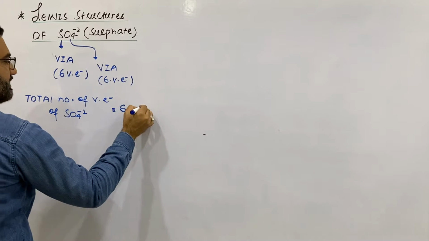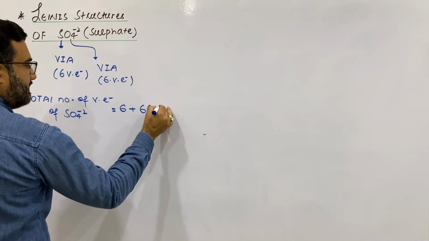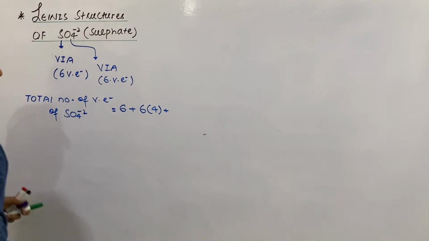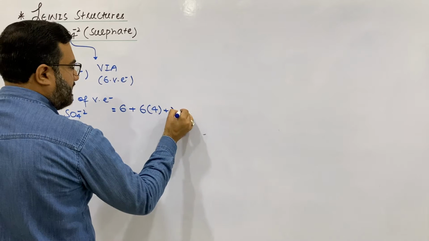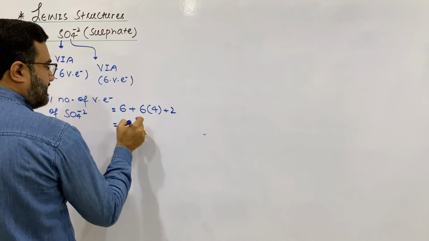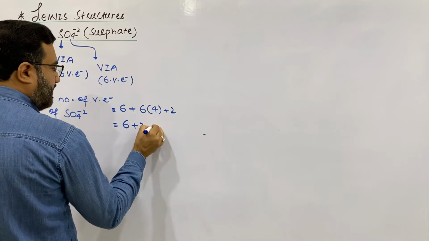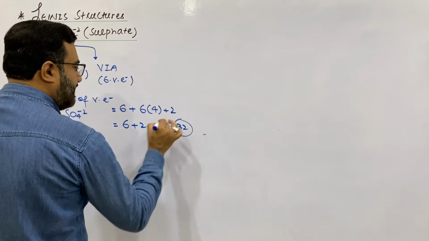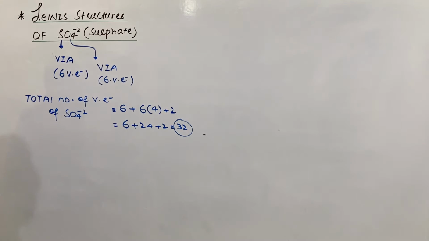There are 4 oxygens, and one oxygen has 6, so 4 will have 24. And minus 2 means it has 2 extra electrons in its valence shell. So that will be 6 plus 24 plus 2, 32 valence electrons. So the sulfate ion has a total of 32 valence electrons.